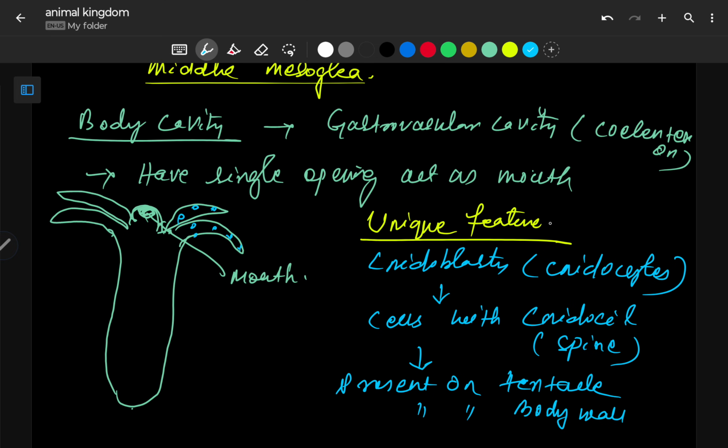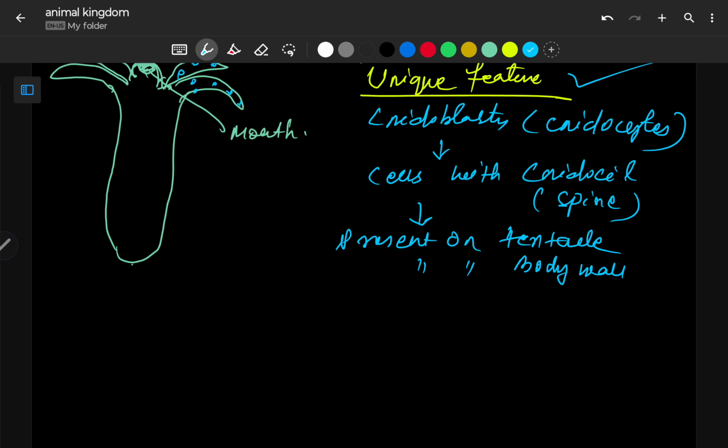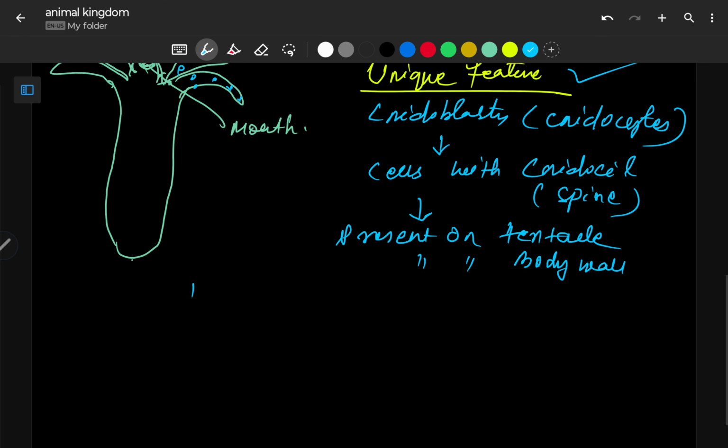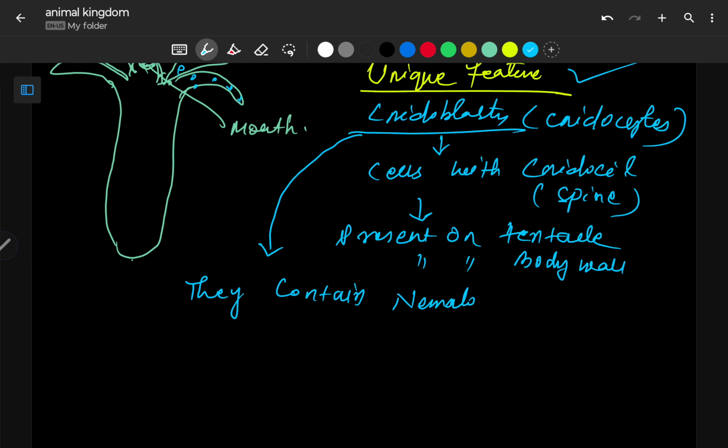Very, very important. So these unique features of phylum are very important. Now the cnidoblast contains nematocyst. It is a special type of cell called nematocyst.